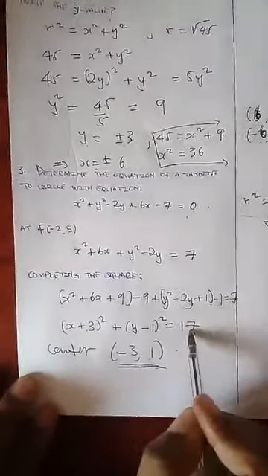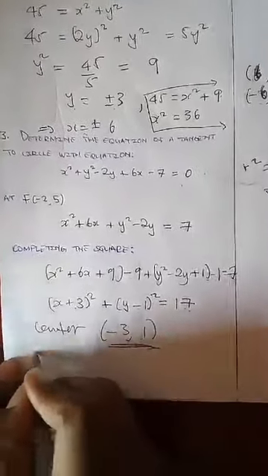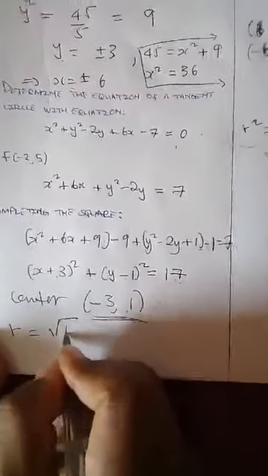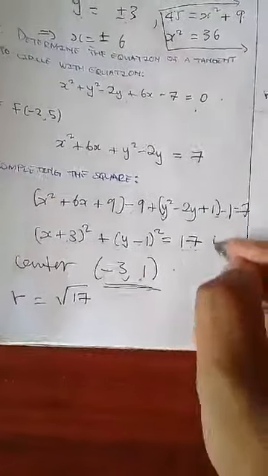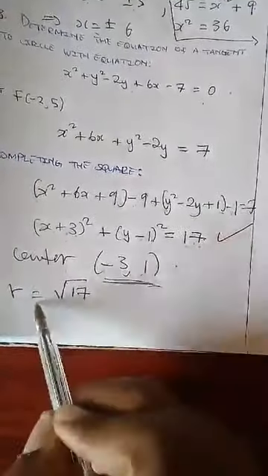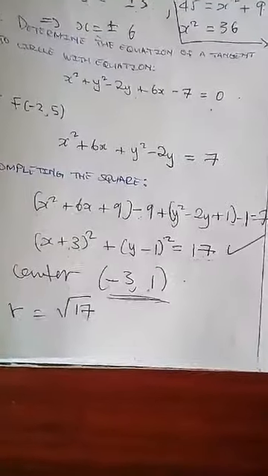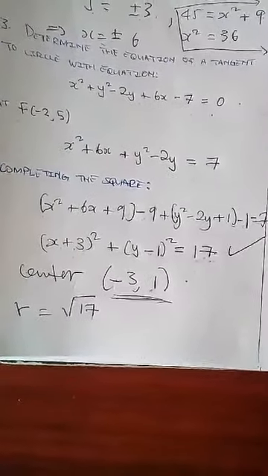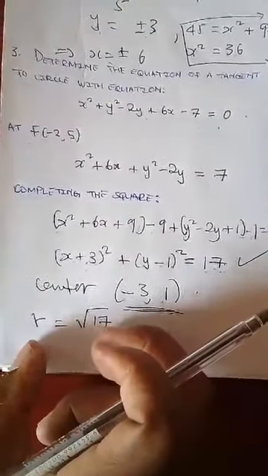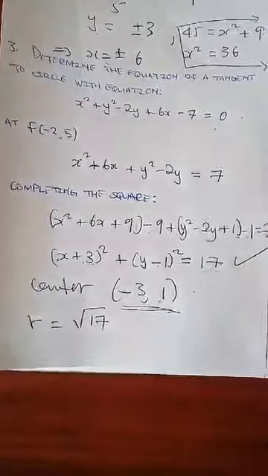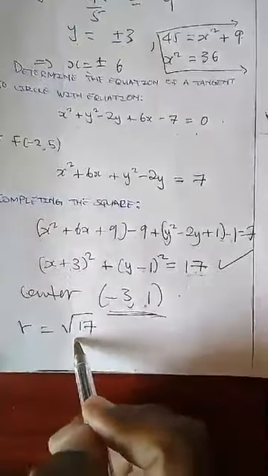So this is r squared, meaning r is equal to the square root of 17. From this equation, this is r squared, meaning r is the square root of 17. So r is just the root of 17 units.